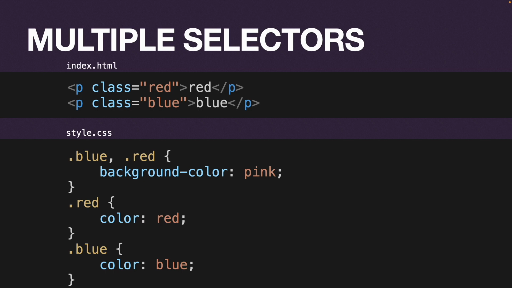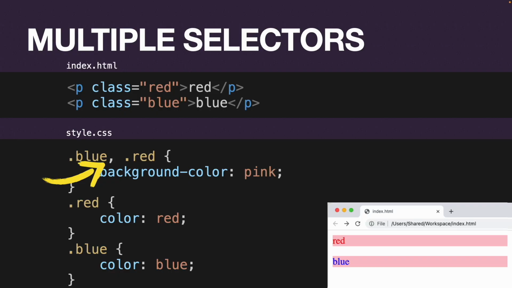And the way we set that up is we say .blue to denote the class, .red to denote that class, and then we put a comma in between. So we can have as long of a selector as we want with spaces and multiple selectors, IDs and classes and all that. And then have a comma and then start all over for another selector that we also want to get those same properties under it.